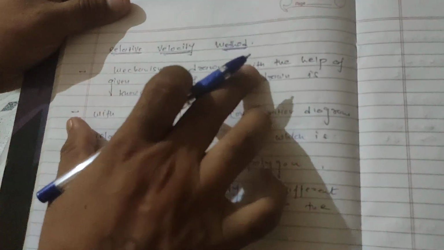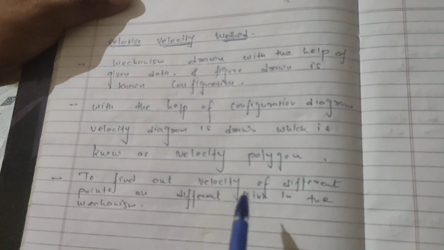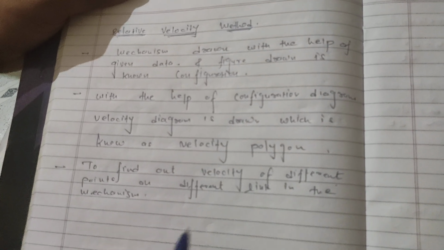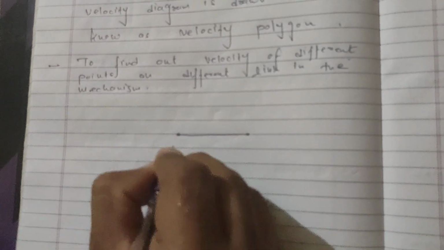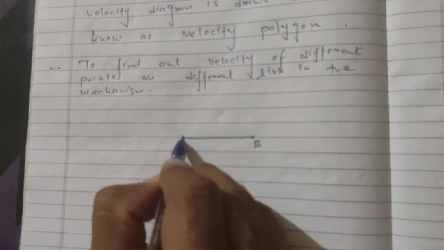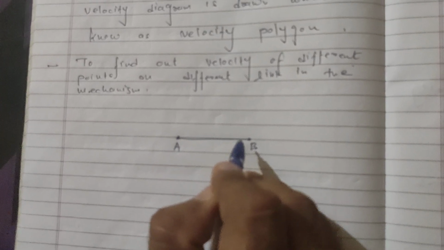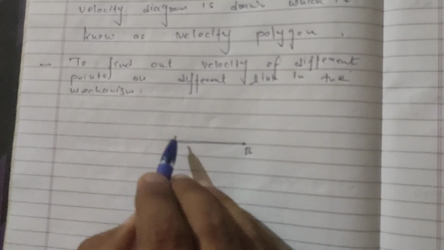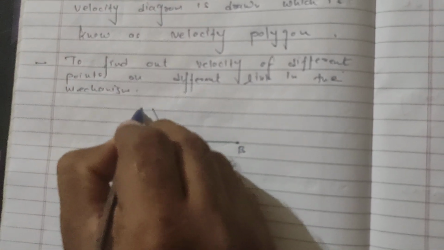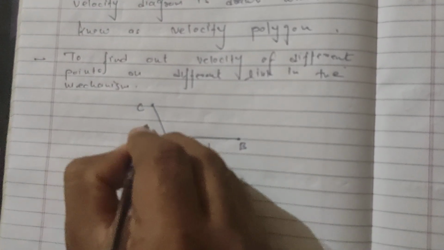Okay, simple, that I have to tell you. For example, consider this is one link which has two points A and B. To find the velocity at point A and at point B, for example. For understanding purposes, there may be another link, it may be C. This is one link and this is the second link.